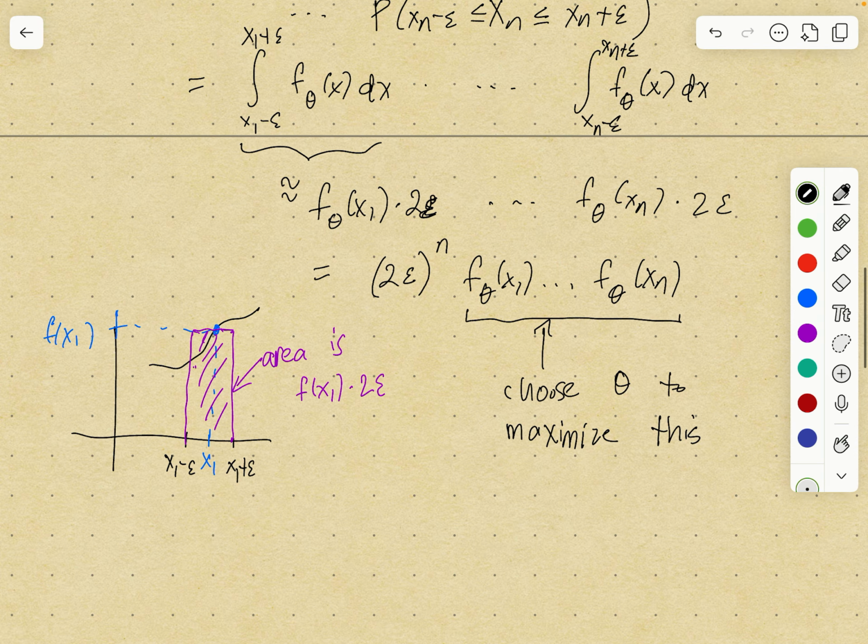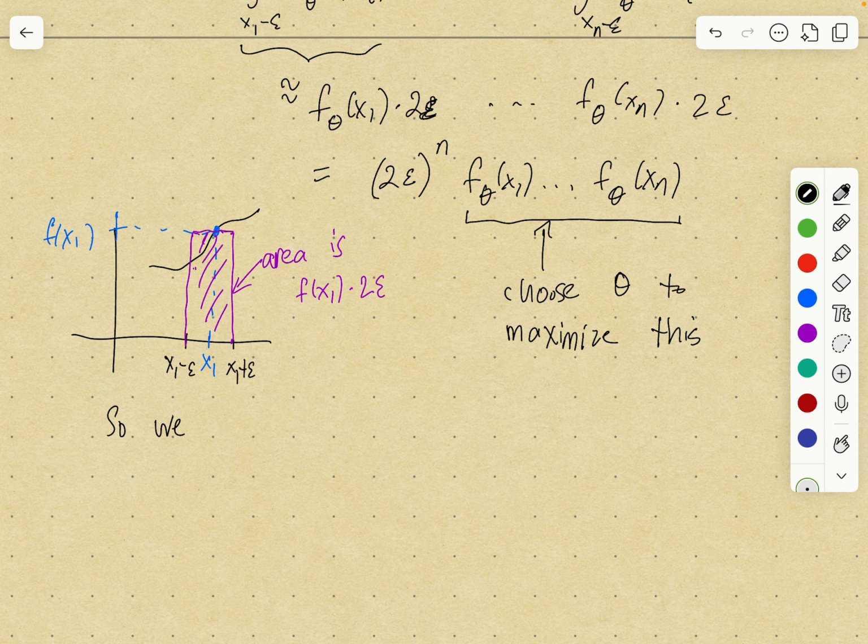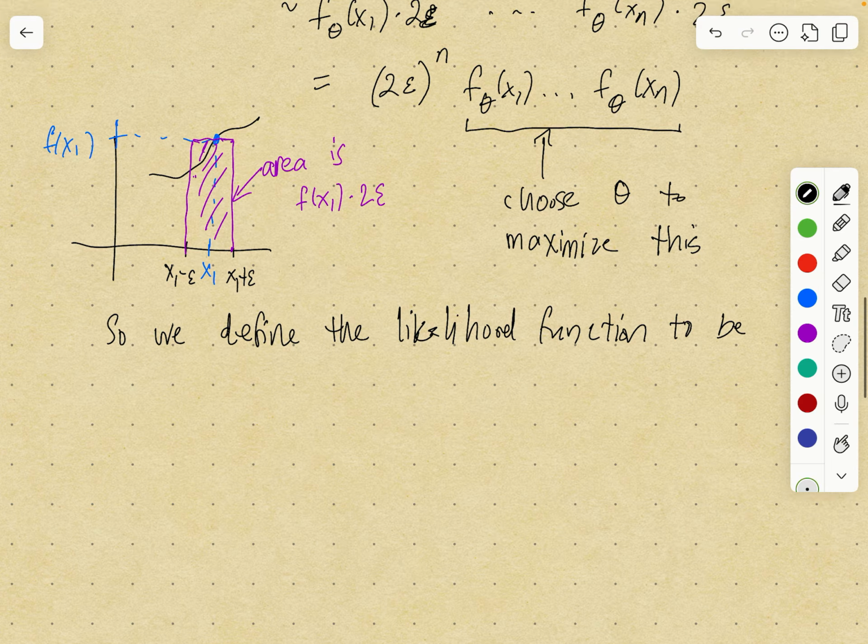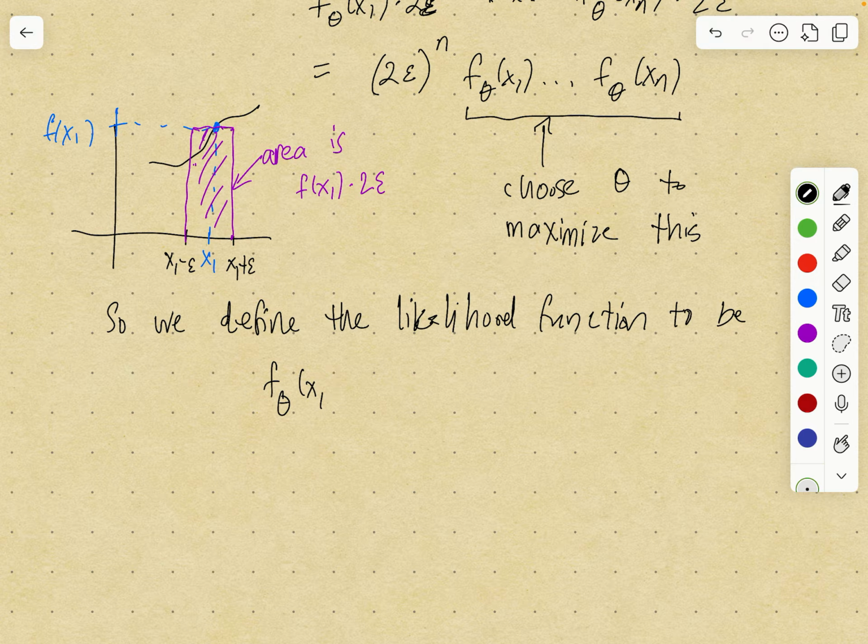And that leads us to define the likelihood function to be the product of the density functions evaluated at x1 through xn. So notice that this is very similar to what we had for a discrete case where we multiplied the probability mass functions together.